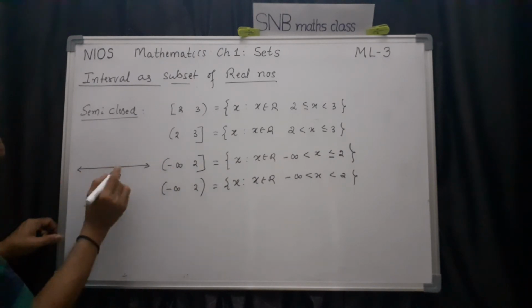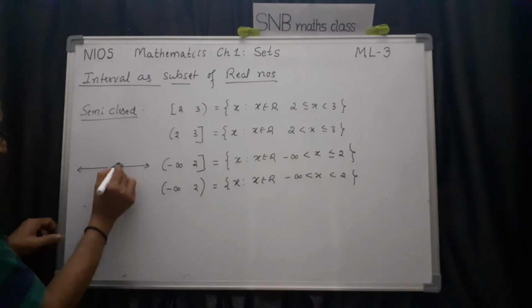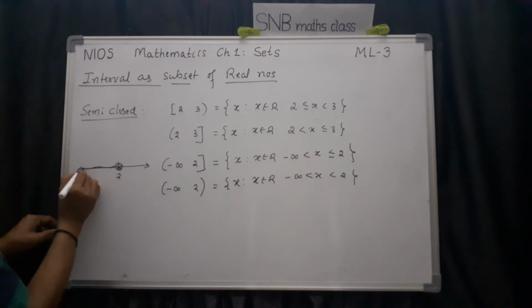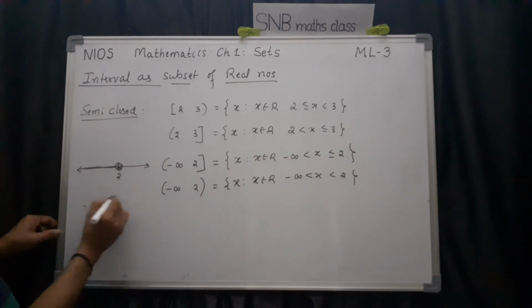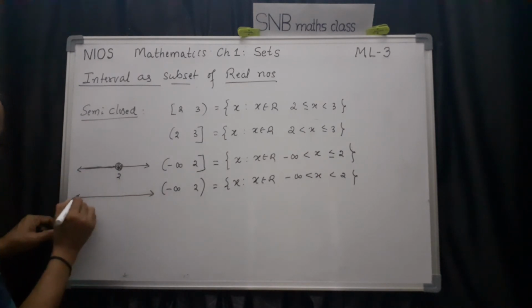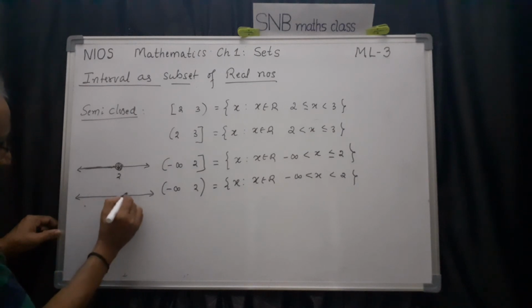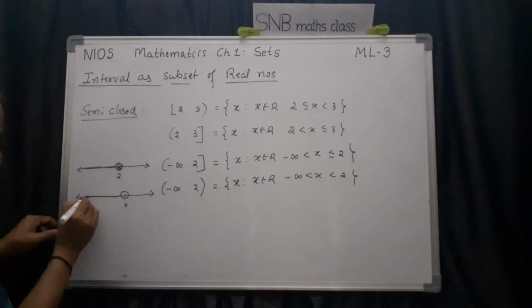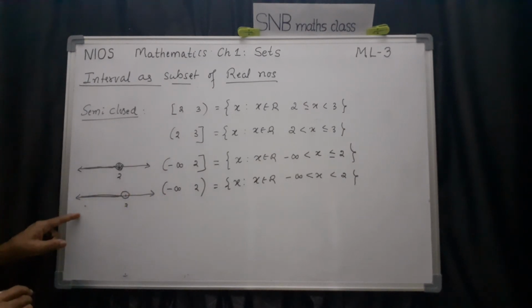Since it is closed, you put a circle and fill it like a dot. Then you show a thick line here. And what is the difference here? The same thing: this is 2. Then it is open because 2 is not included, so it is an open interval. On this side you show a thick line. So this is the meaning.